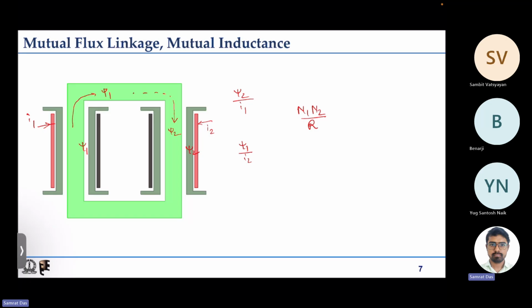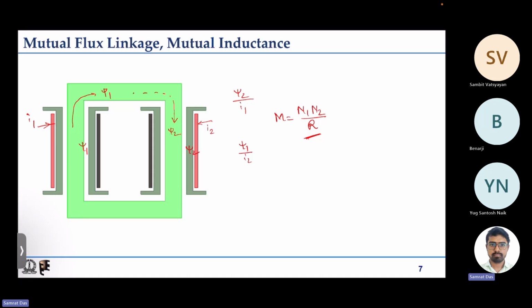And mutual inductance is n1 n2, where n1 is the number of turns in the first coil, n2 is the number of turns in the second coil, divided by the reluctance of the mutual flux path, whatever that reluctance is.